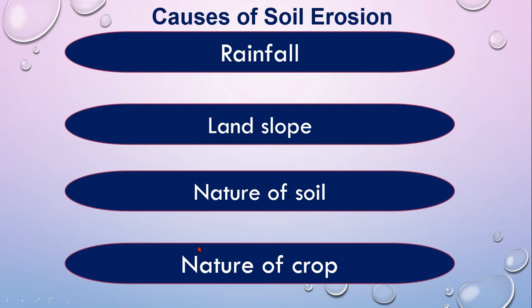But if you cultivate watermelon, or vegetables which are grass-like and cover the land, then a little water or a little rain cannot move the soil from one place to another. But when the land is not covered, like if you cultivate jackfruit, mango, jujube, these will not cover the whole land, and that soil is eroded from one place to another.